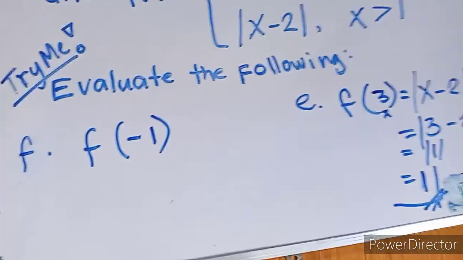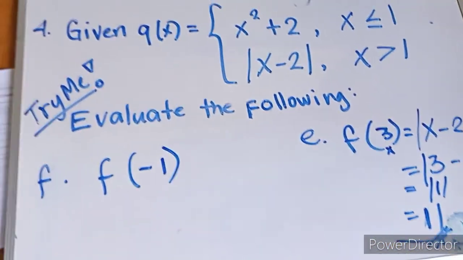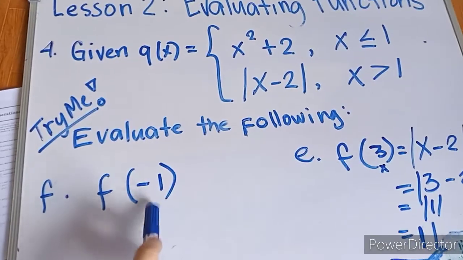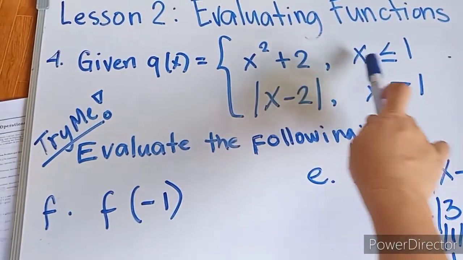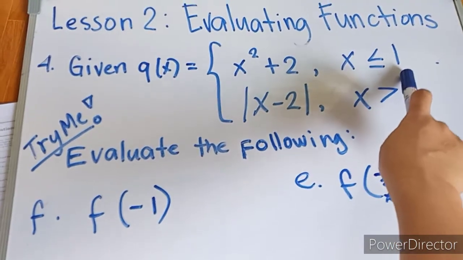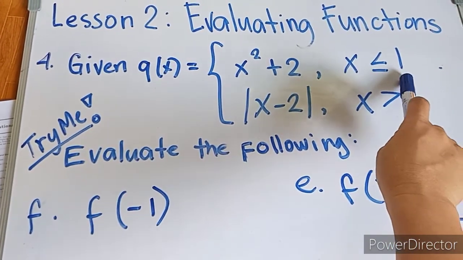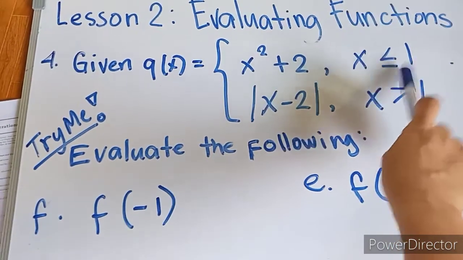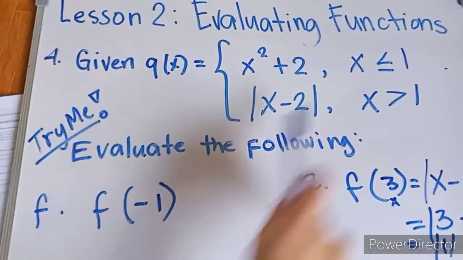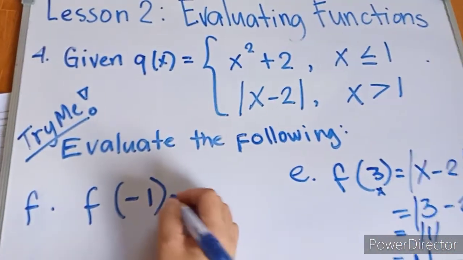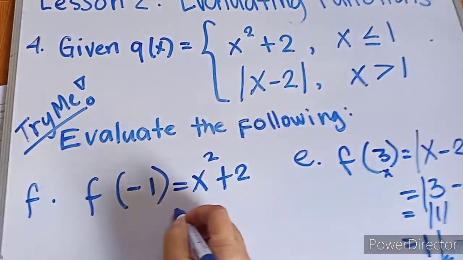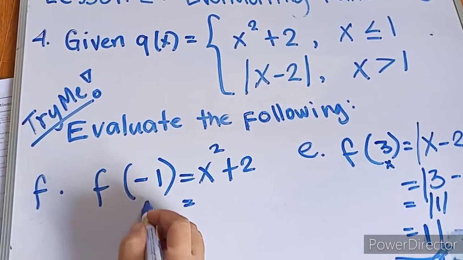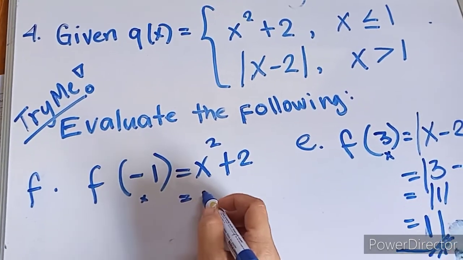Now let's try letter F. For letter F, we have f of negative 1. So negative 1 belongs to the condition where x is less than or equal to 1. So what are the numbers less than 1? That is 0, negative 1, negative 2. Negative 1 belongs to this condition, so we will use the first equation, x squared plus 2. Substitute the value of x, which is negative 1, in the function.